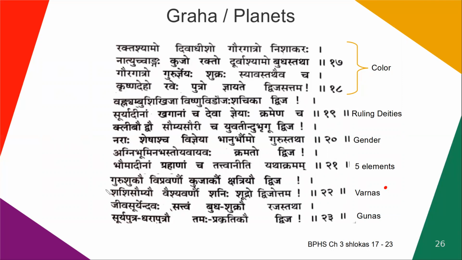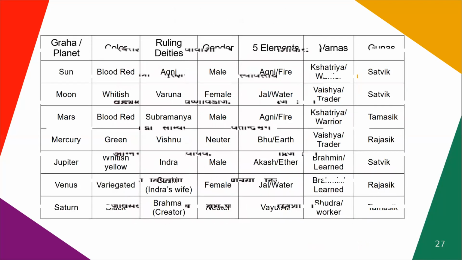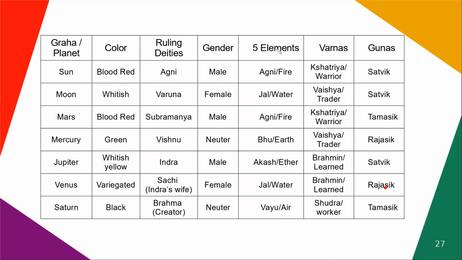Shloka number 22 states, Guru Shukau Vipravarnau Kujarko Kshatriyau Dvija Shashi Saumyau Vaishyavarnau Shani Shudro Dvijottama. So Maharshi Parashara gives information about which planets belong to which varna. Let's go through the chart.